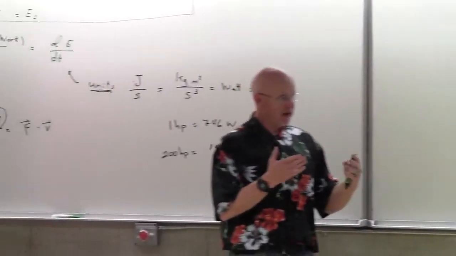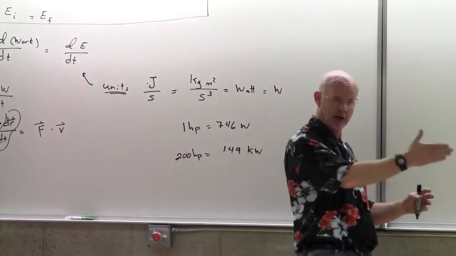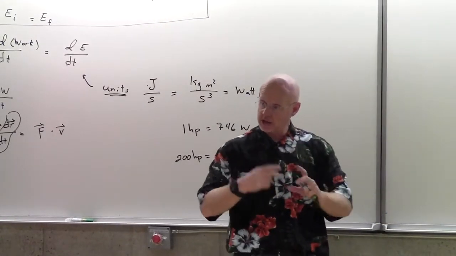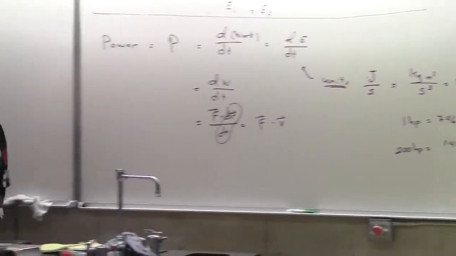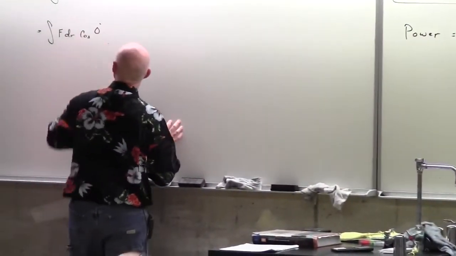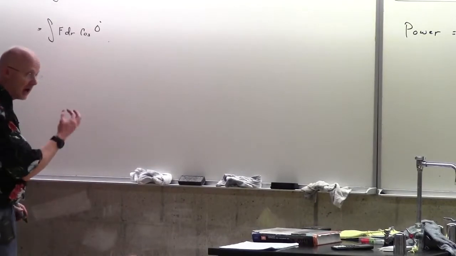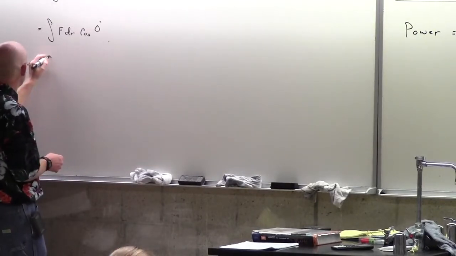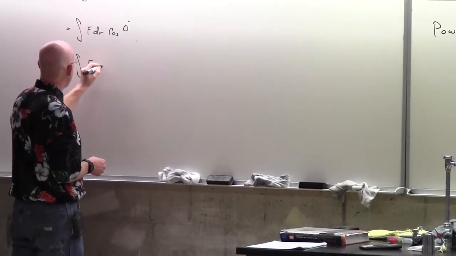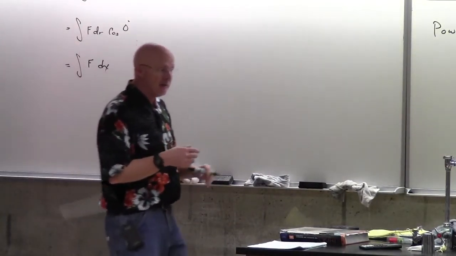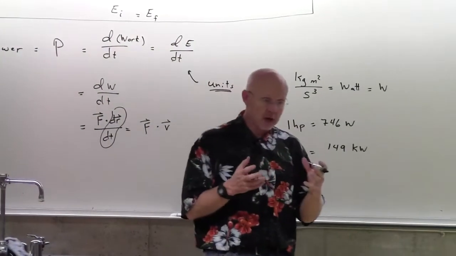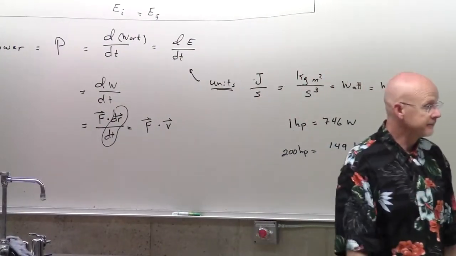I think it's fair to say that the bullet moves along the barrel, and that the gases are pushing it along the barrel. And so that's why this step, the dot product, is probably the easiest one. Then I would have force, and I would even replace dr with dx. It's very clear that it's moving along the barrel, and I'm going to call the direction of the barrel x.